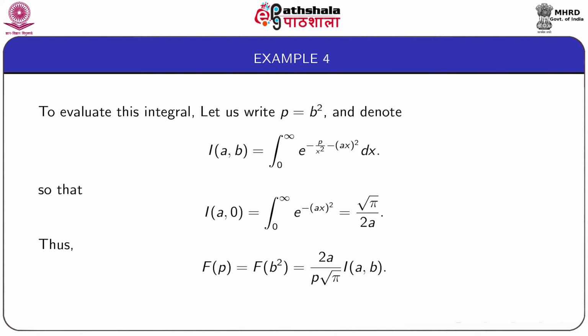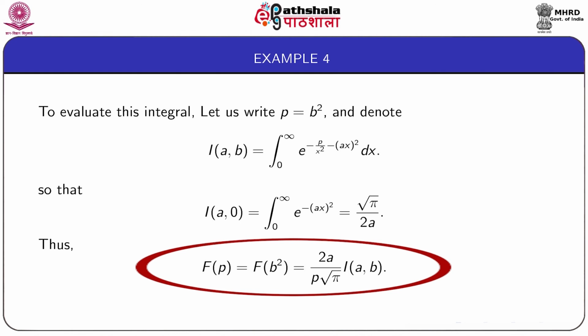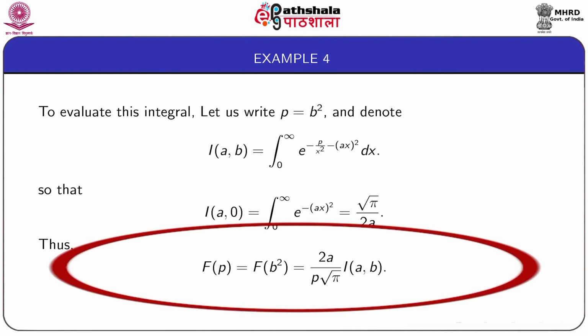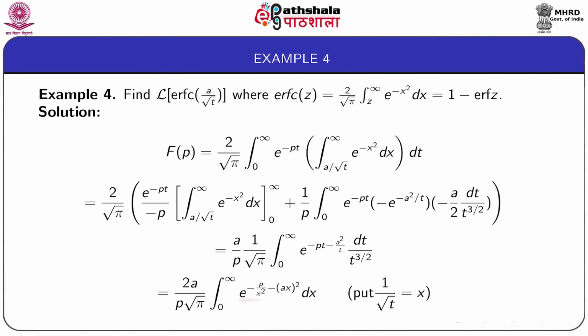Thus, F(p), this is equal to F(b²), and that is equal to 2a/(p√π) times I(a,b), as is obvious from here.